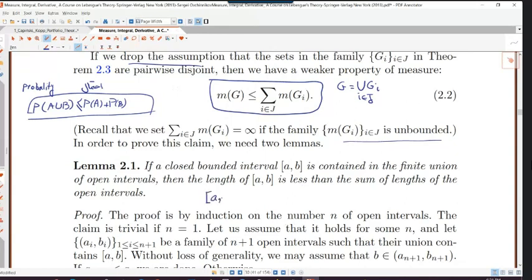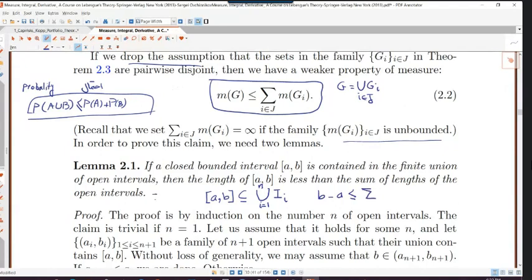The closed bounded interval A to B is contained in a finite union of open intervals, for example i from 1 to n, then the length of A to B, B minus A, is less than or equal to the sigma.